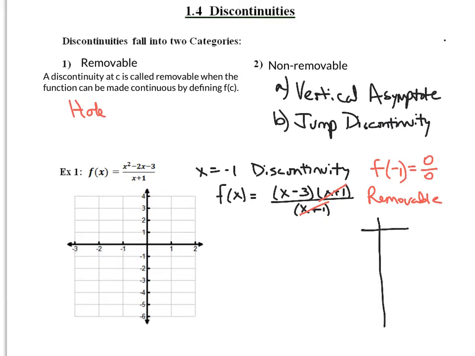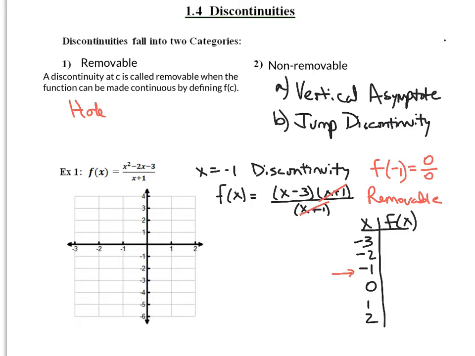I am going to use the newly written function to find where the hole is going to be. So I'm going to say x and f of x. If I start, for example, at negative 3, negative 2, negative 1 is going to be my problem spot, 0, 1, and 2. Substituting negative 3, and again, now it doesn't matter which function I substitute into, I should get exactly the same answer. The only place that it's going to matter is at x equals negative 1.